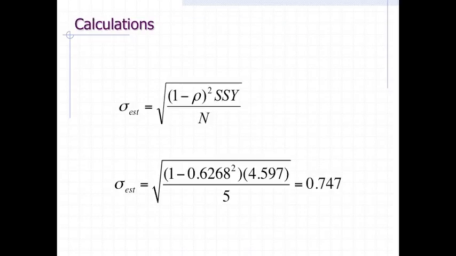For the data presented earlier, rho equals 0.6268 and SSY equals 4.597. Therefore, using this formula, the standard error of the estimate is equal to 0.747. This is the same value that we computed previously using the other formula.